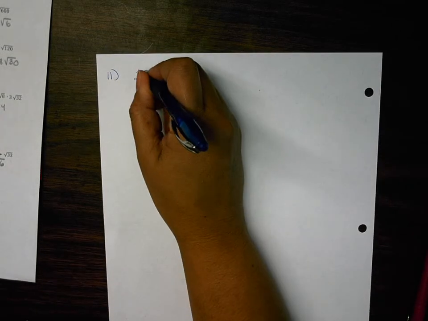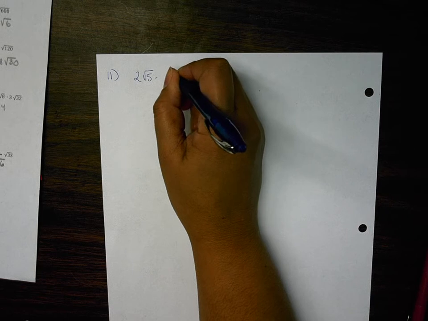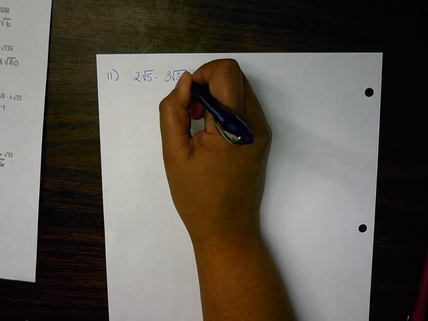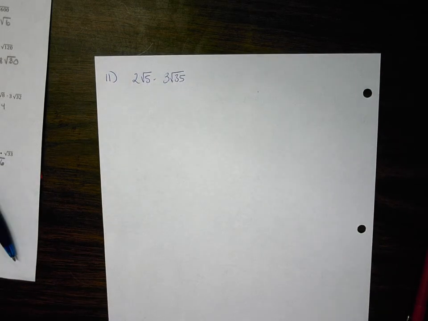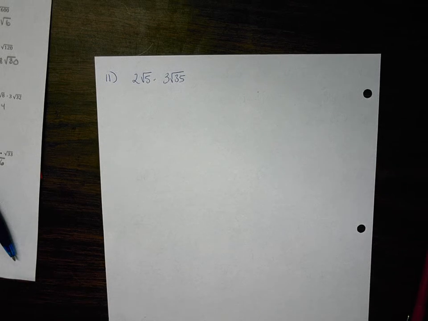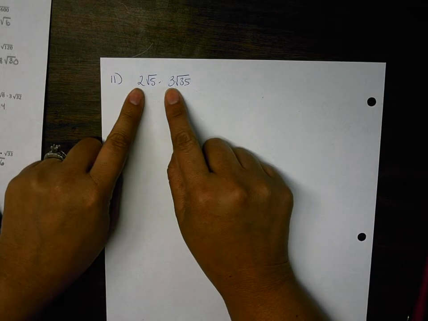2 root 5 times 3 root 35. So what we do is we multiply the numbers without the radicals and the numbers with.